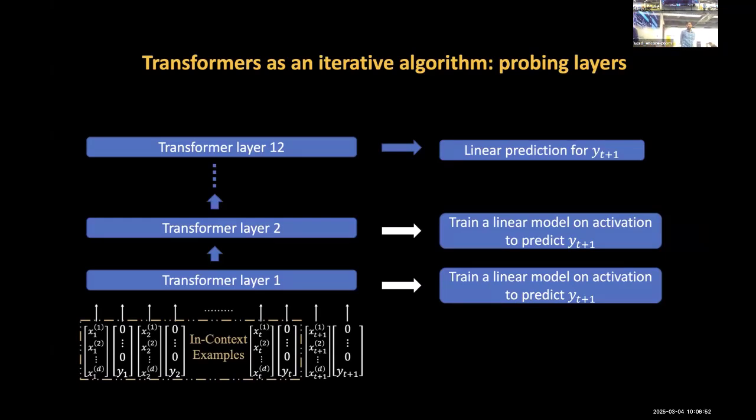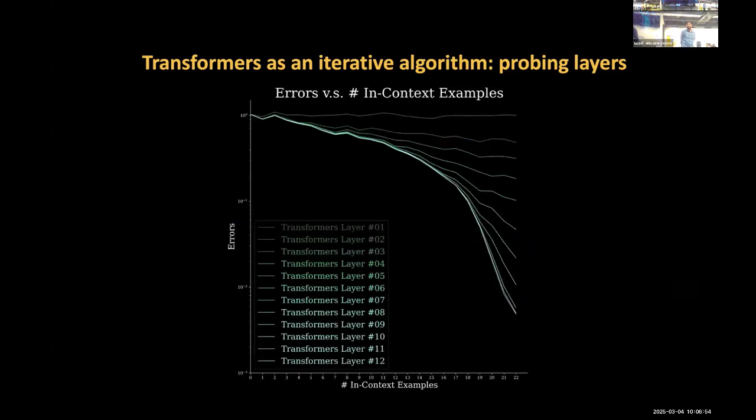What we are trying to see, in terms of these errors, is the best prediction that you can make using the information at that particular layer. It could be that the transformer, including all previous layers, has even more information and a better prediction. We did not try training a probe which takes as input the activations of the first 3 layers. That might be worth trying.